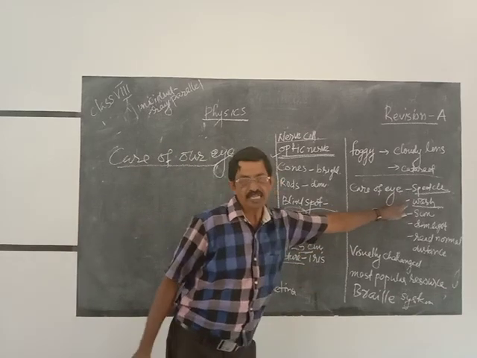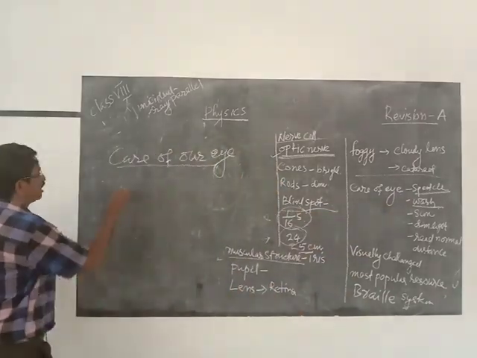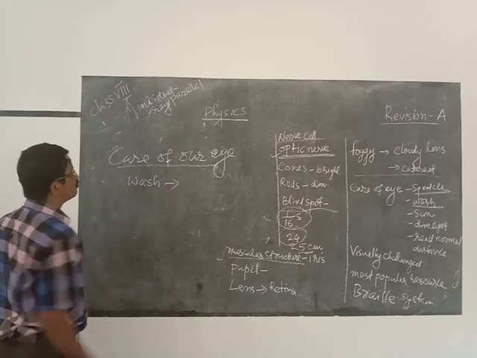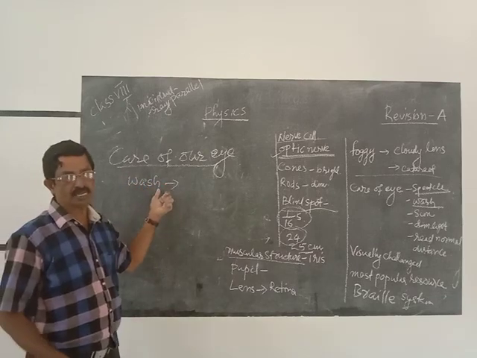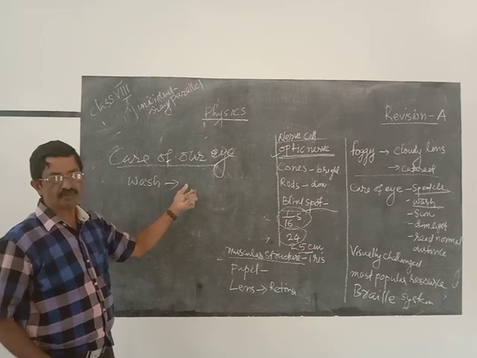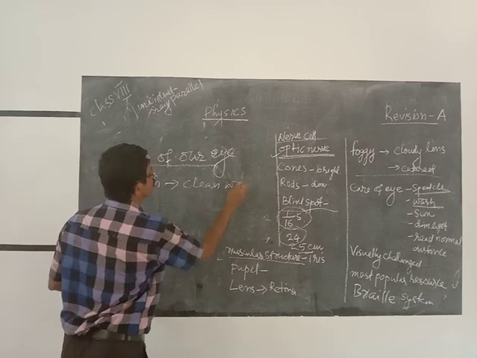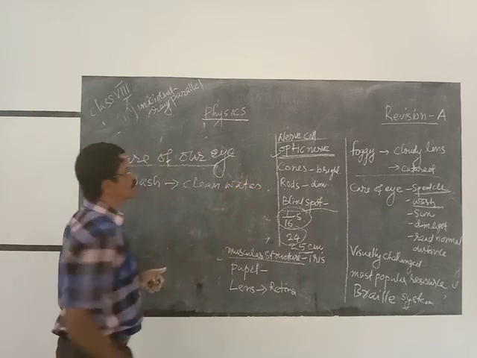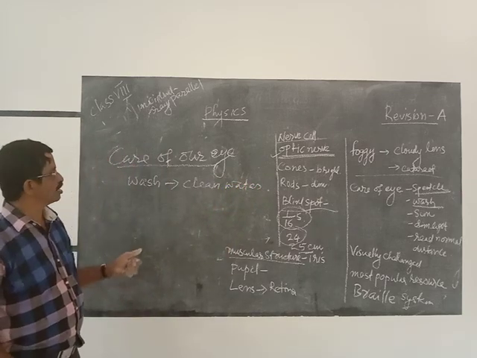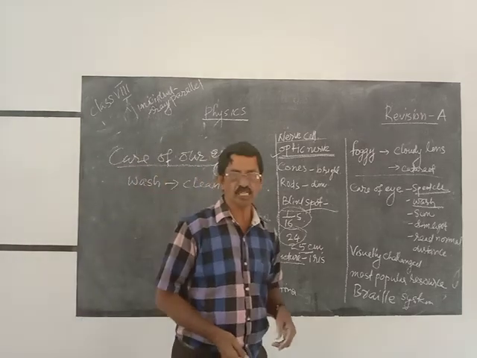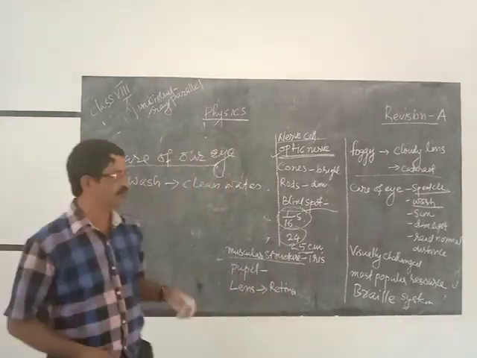Then another one is if there is any dust particle in our eye, wash our eyes with clean water regularly. Don't rub to remove the dust particles from our eye.